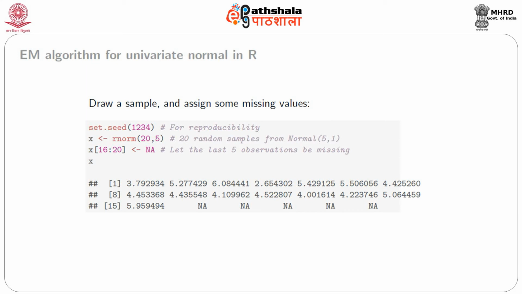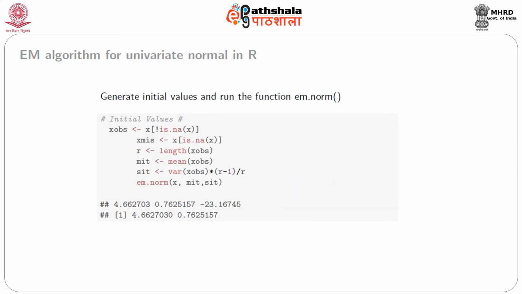If we print x, we would get the values of x. Once we have the values of x, we can find the initial values. Purposefully I am taking the initial values as the observed mean and variance.